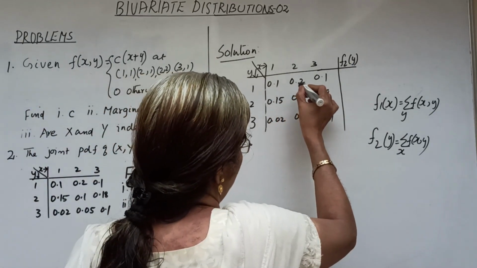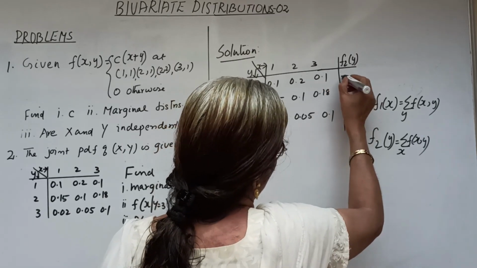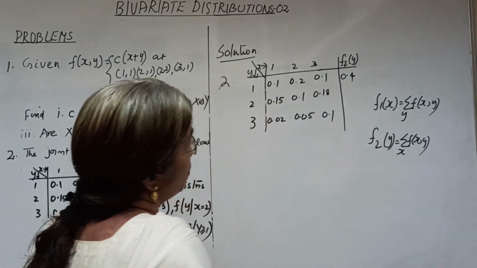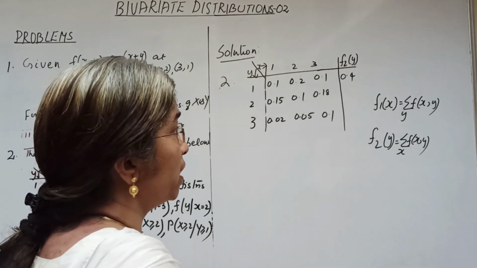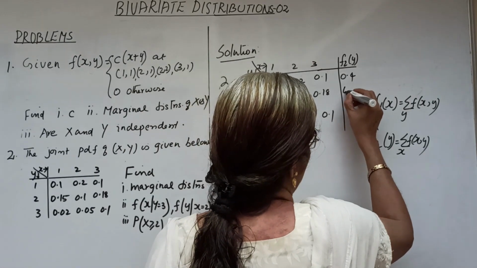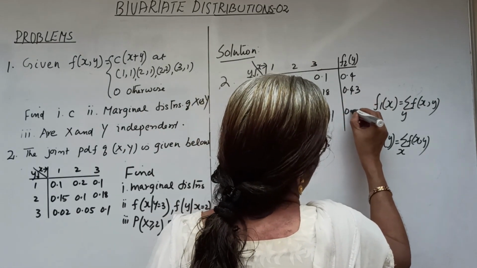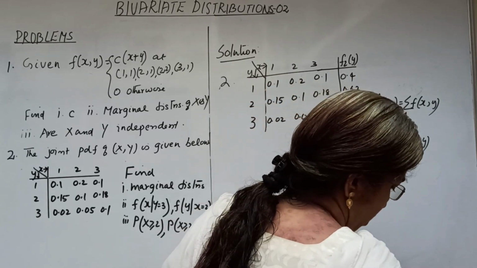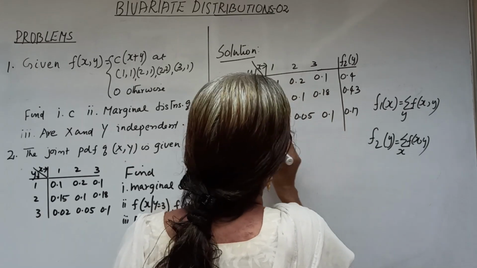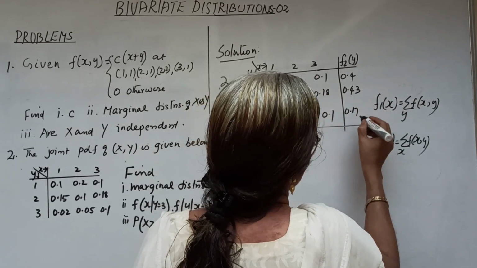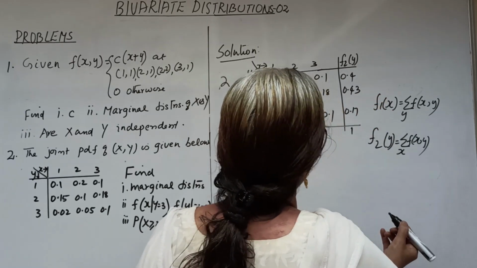That is 0.1 plus 0.2 plus 0.1, it is 0.4. Then 0.15 plus 0.1 plus 0.18, it is 0.43. And 0.17. And the grand total, 0.4 plus 0.43 plus 0.17, is equal to 1.